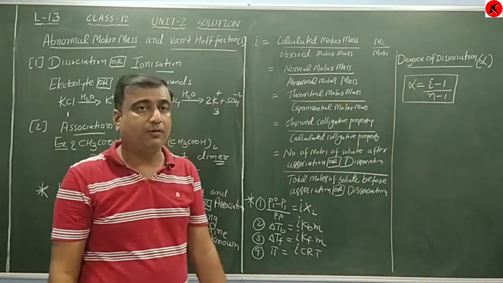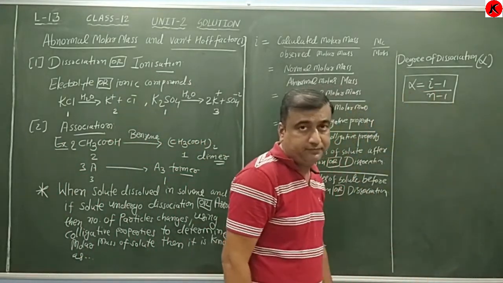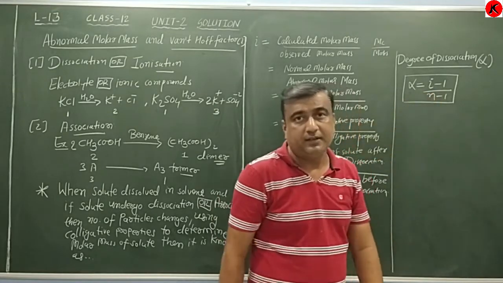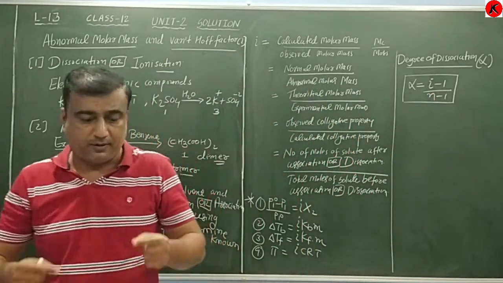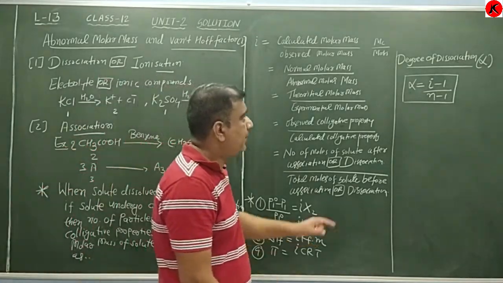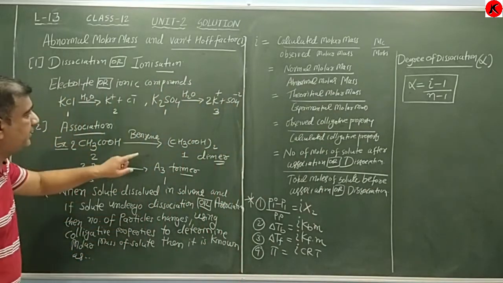Otherwise, if we know the degree of dissociation alpha, then we can calculate i. Here i is the Van't Hoff factor. Now n, what does n mean? n means the number of particles produced by complete dissociation of the solute.